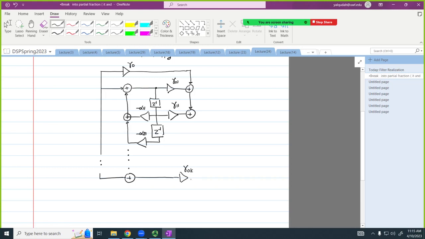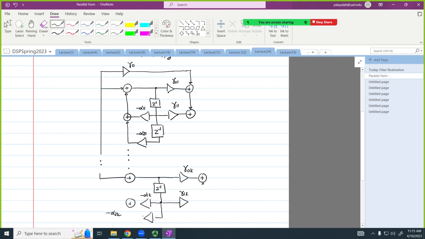Gamma 0k, gamma 1k, negative alpha 1k, negative alpha 2k.